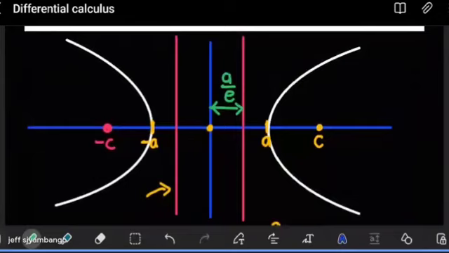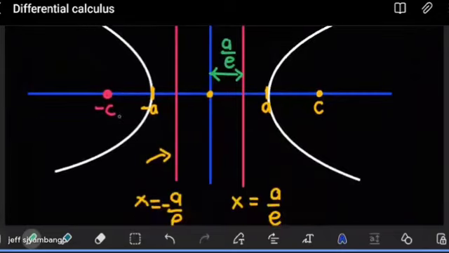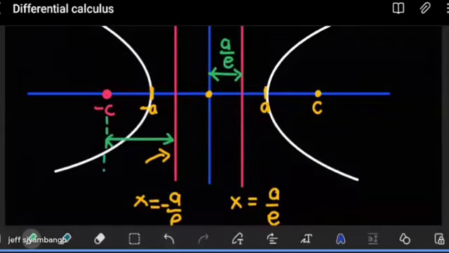Secondly, if you know where the focus is, the distance from the focus up to the center is, of course, c, but the one I want to go for is the distance from the center up to the directrix. This distance can be written in terms of a and c.